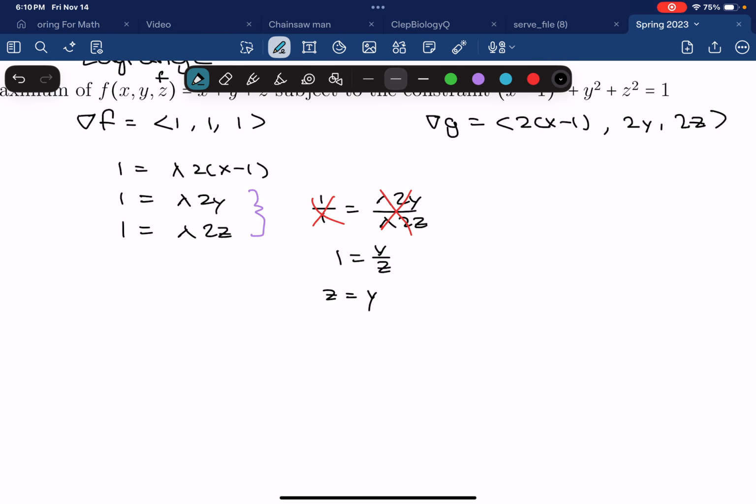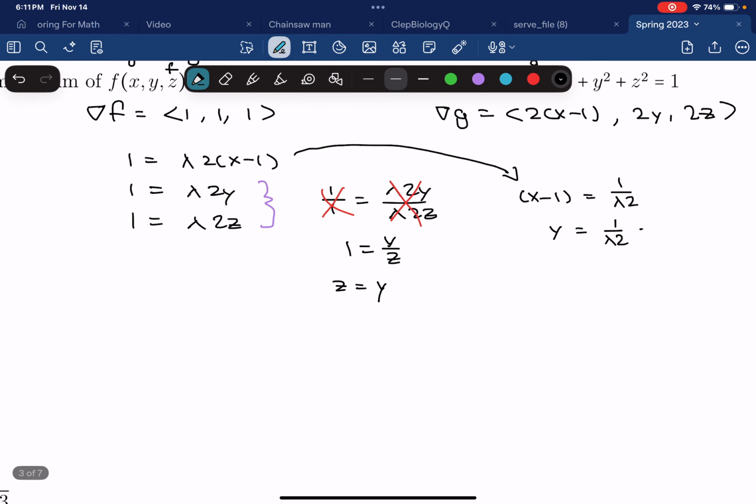And then what we can do here is, if I look at it, we can see that x minus 1 is equal to 1 over lambda 2, just like how y is equal to 1 over lambda 2 if you just divide by lambda 2 for both of these, which means that z is also equal to 1 over lambda 2, which means that z is equal to y, which is equal to x minus 1.